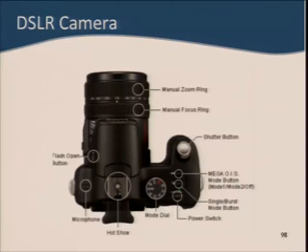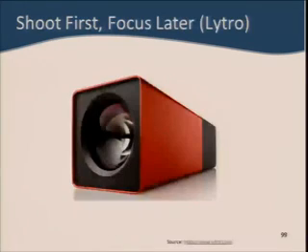This is the hot shoe for you to put in the flash, the microphone, and so on and so forth. This is the general overview of some of the common settings of a professional camera. I'm not sure if any of you has heard of this camera called Lytro.